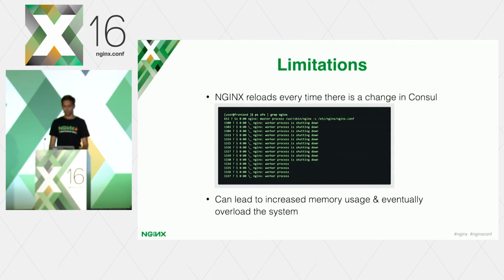If you have a very dynamic environment where services are changing every few seconds, you can imagine running into a situation where there are several worker processes trying to gracefully shut down, whereas some worker processes are trying to run with the new configuration. And this can lead to increased memory usage and eventually overload the system. Especially if you're running the server very close to its capacity, doing something like this can bring down the system.